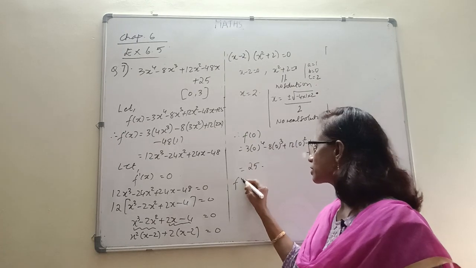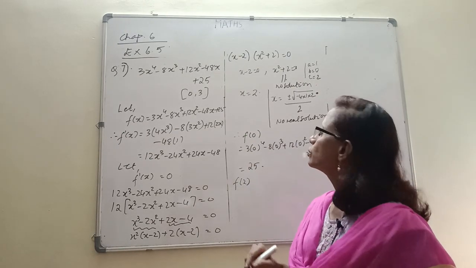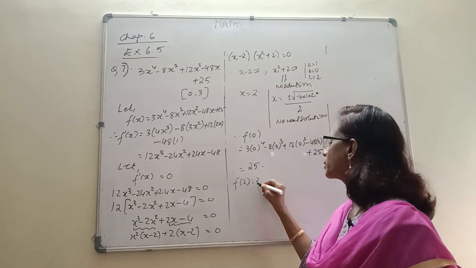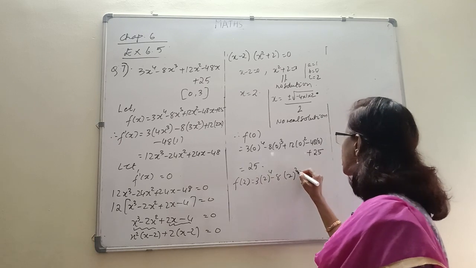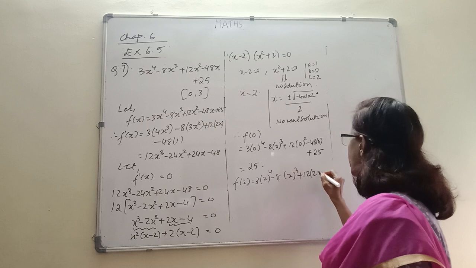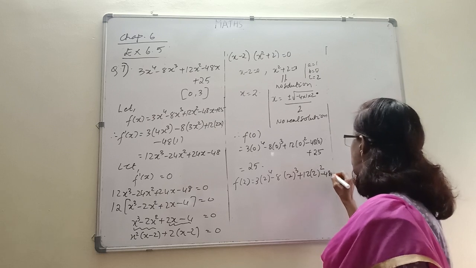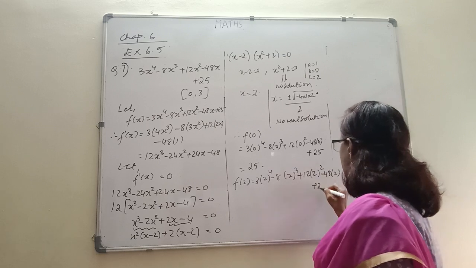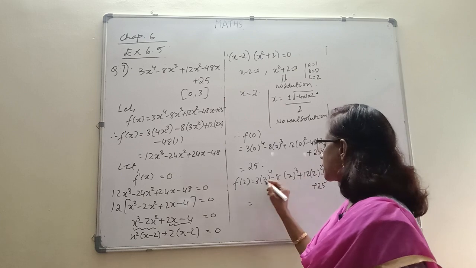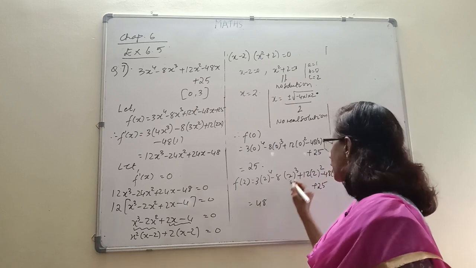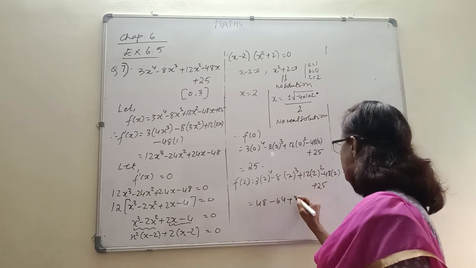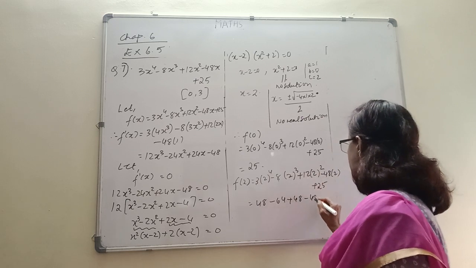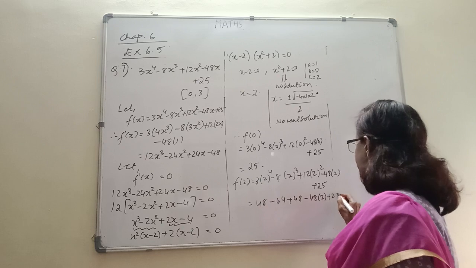Let's calculate the function's value at 2. So at 2, the function's value is going to be 3 times 2 raised to 4, 8 times 2 raised to 3, 12 times 2 squared, 48 times 2, and then 25. So that is going to be 16 times 3 is 48, 8 times 8 is 64, 4 times 12 is 48, minus 48 times 2 plus 25.